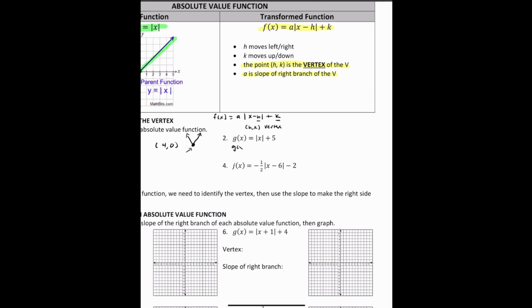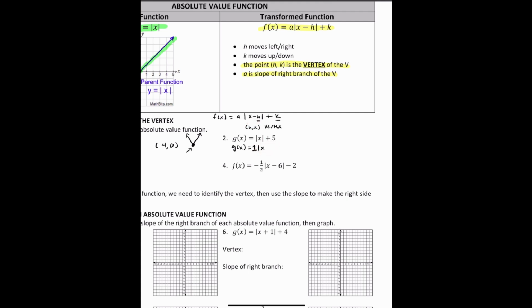So g of x is equal to, there's nothing in front of the absolute value expression, so we assume that a is 1 times the absolute value of x, and then inside the absolute value bars is just an x. But over here, it's x minus h. So what can I do to make this look like this?